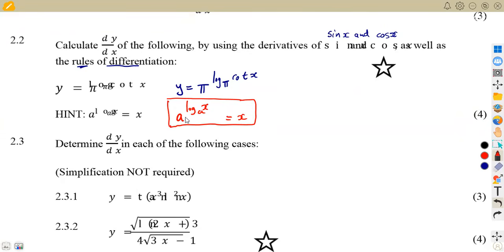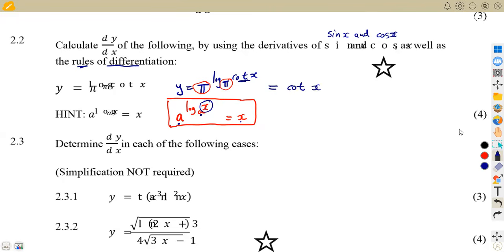If you raise a to an exponent, and the base of the log is the same, we've got a and we've got a on the base, the answer is going to be x. This is the same condition that we have here. We've got pi on the base of the log, so this whole value is going to be equivalent to x, but our x in this case is cot x. So this is equivalent to cot x.